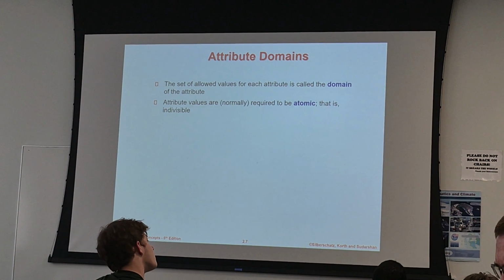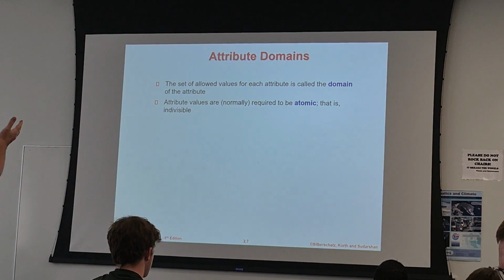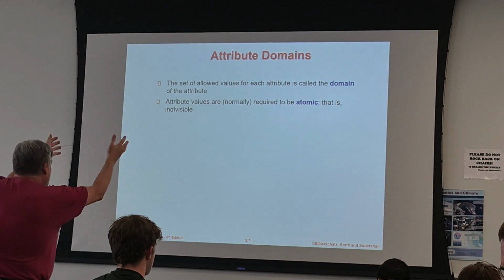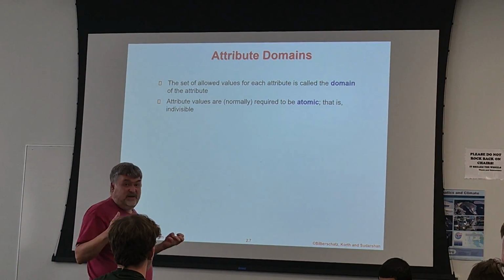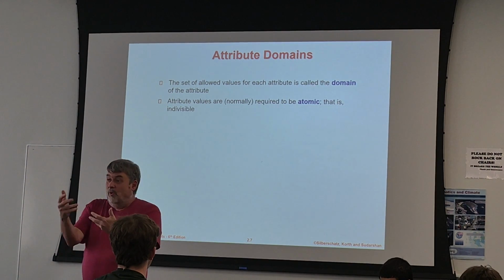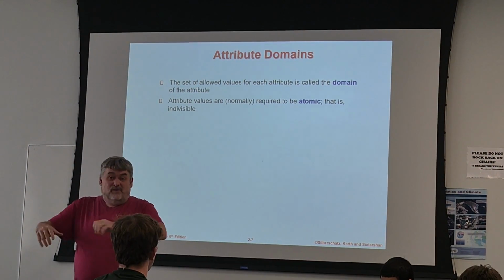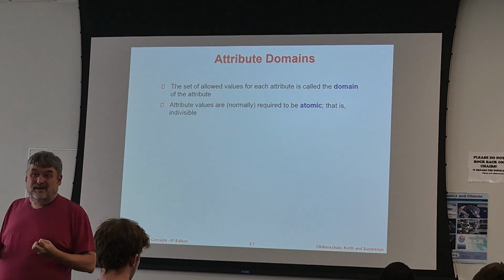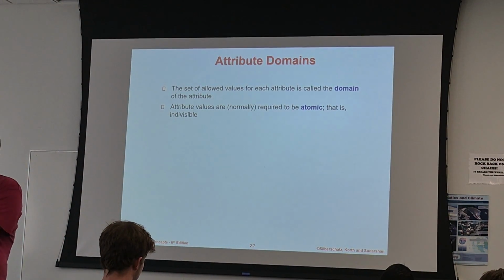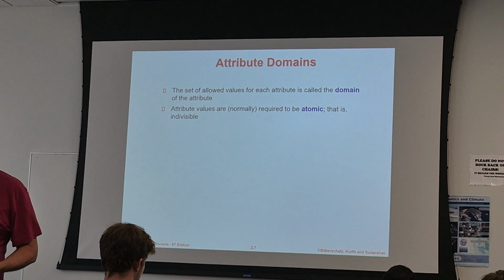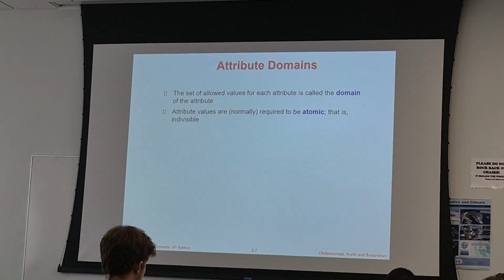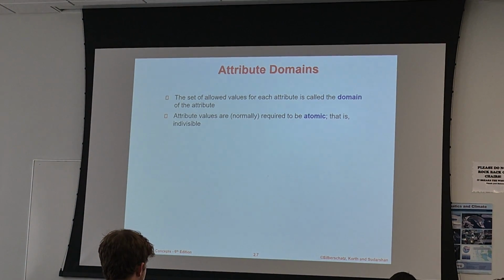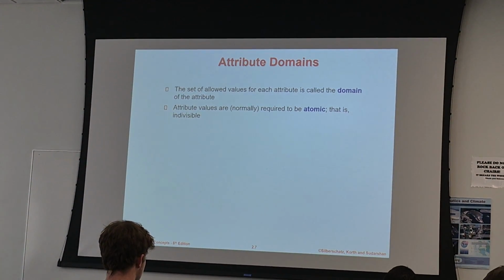Your hardware limits you to a specific range, but we're talking theoretically here. We're in math world. In theory, the domain of an integer attribute is all whole numbers from negative infinity to positive infinity. We can't represent all of those in a computer because a computer is composed of a limited amount of hardware, and it's going to run out of memory space eventually. But in theory, the domain of integers is all whole numbers.